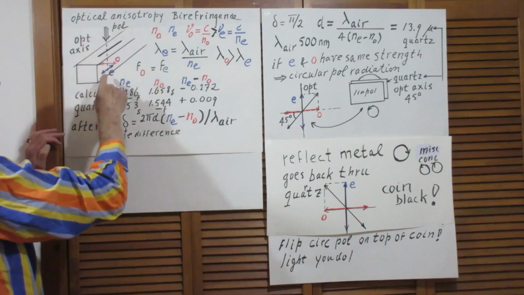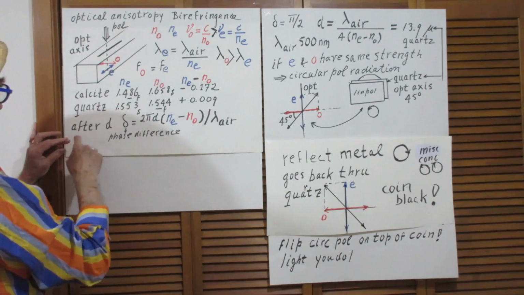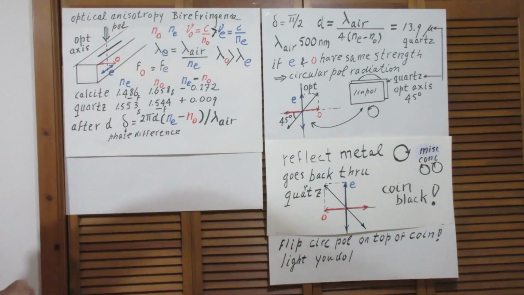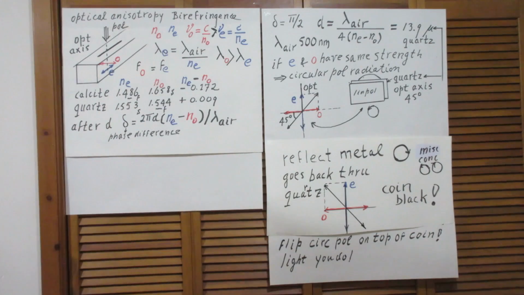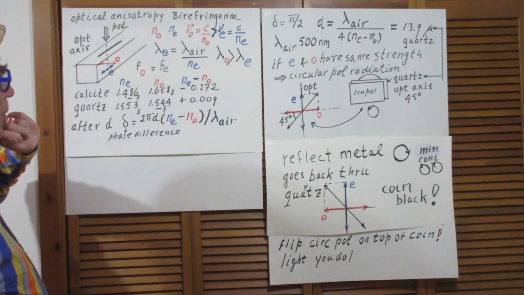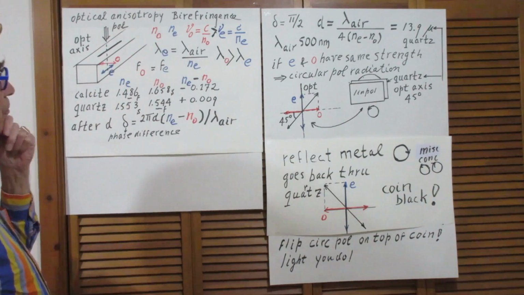The one in the plane of incidence is called the extraordinary wave, and the one perpendicular to that is called the ordinary wave. O stands for ordinary, E stands for extraordinary. And they propagate, the O and the E waves propagate with different speeds. They have different indices of refraction.